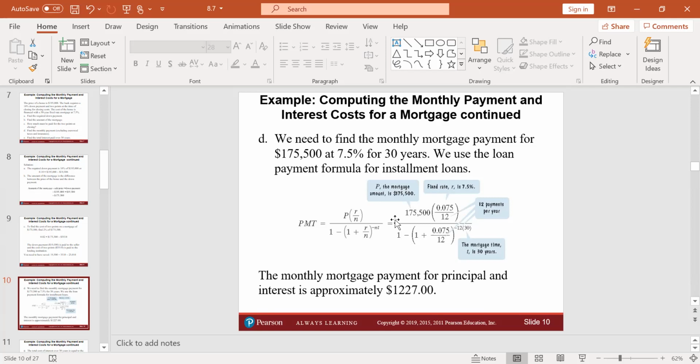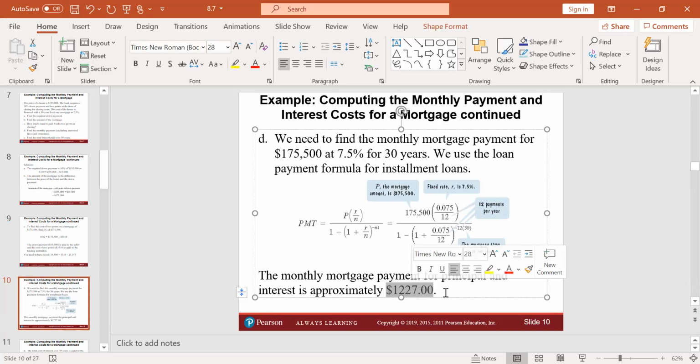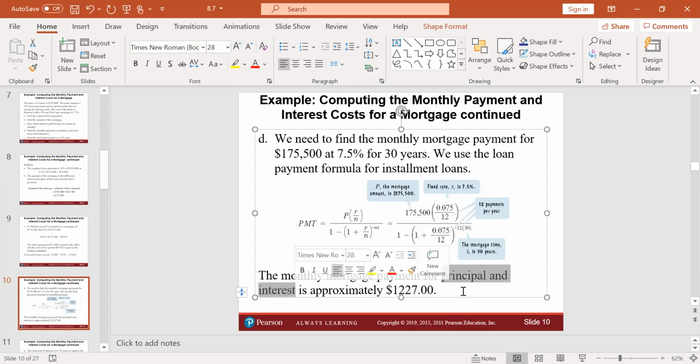I guess there might be some exotic financial institution that will do that, but monthly payments are just the way to go, just like we usually pay our rent monthly. So anywho, you plug it into the formula, and finally what you see is that your monthly mortgage payment, which is the amount you're paying towards the principal, towards paying off the house, as well as the interest you have to pay, is going to be about $1,227 on the dot.